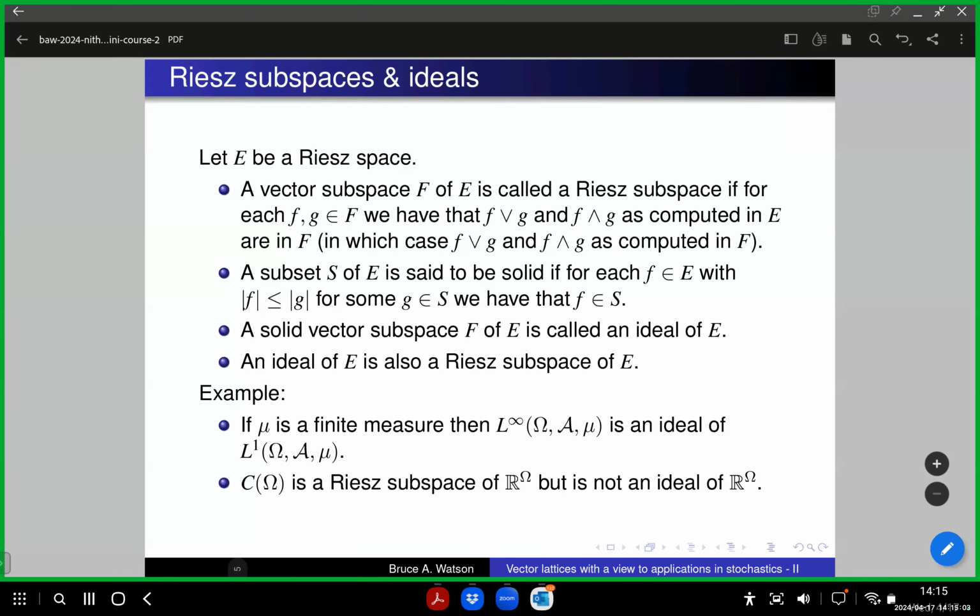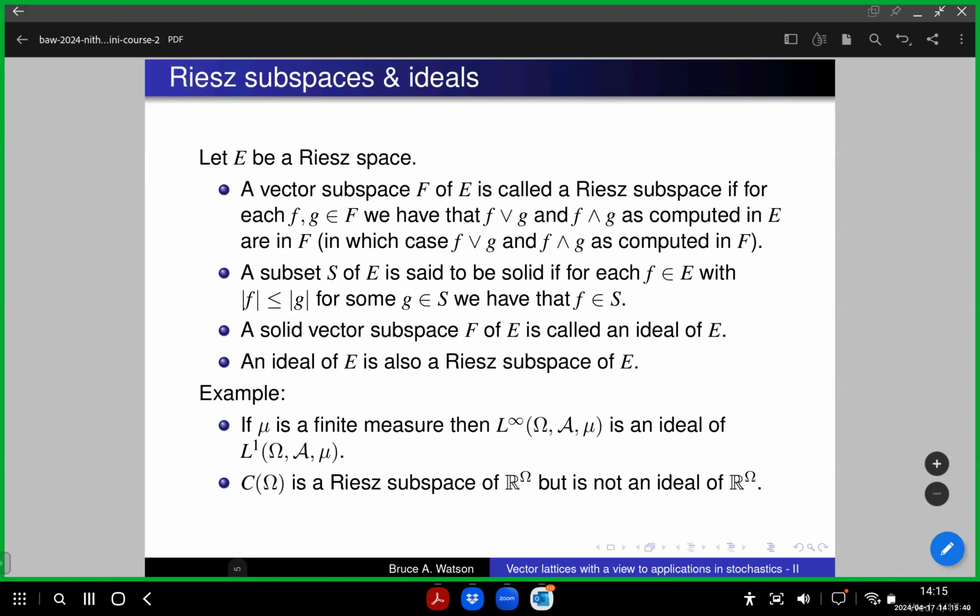Well, if we take any function that is essentially bounded, and we take its absolute value, and we take all the L1 functions between minus the absolute value of our given L infinity function and the absolute value of it, those will automatically be in L infinity. So that is an ideal.